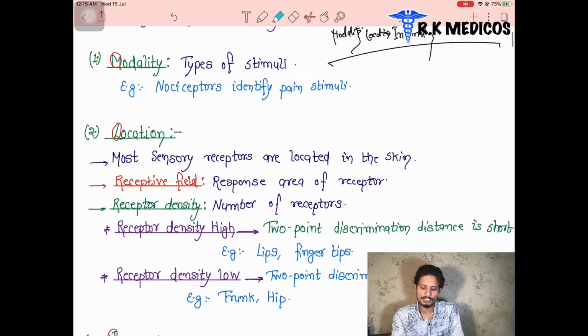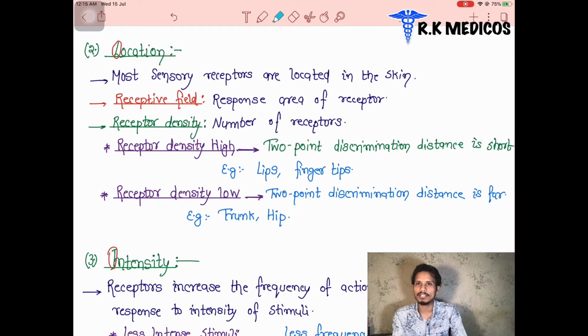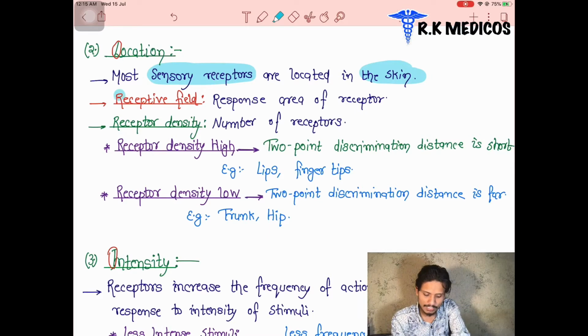Next is location, where these receptors are located. In the general senses, they are located on the skin. Most of the sensory receptors are located in the skin. Receptive field, what is it? The area where the receptors first receive the stimulus, the response area of any receptor.